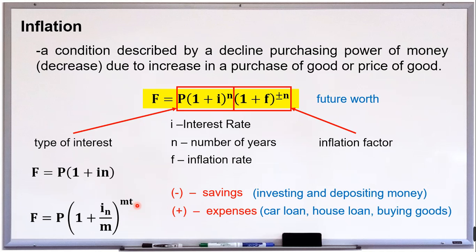Now the question is, if we're going to use this formula, will the n in the inflation factor also change into mt?